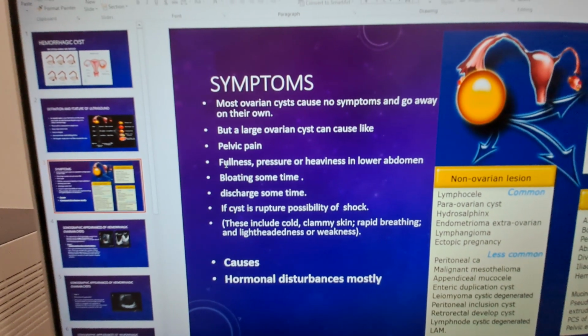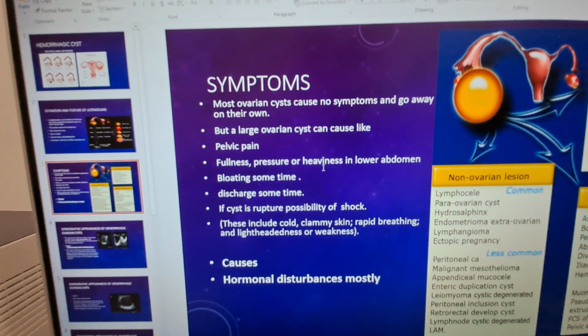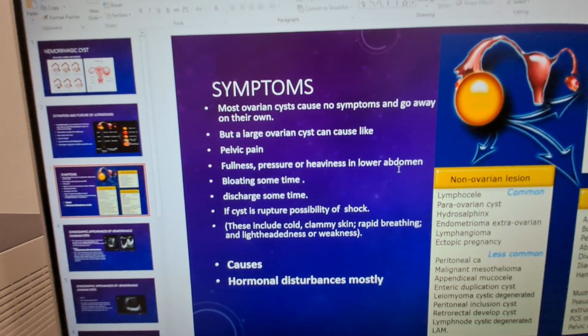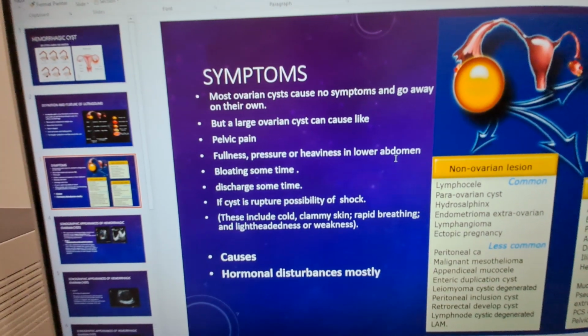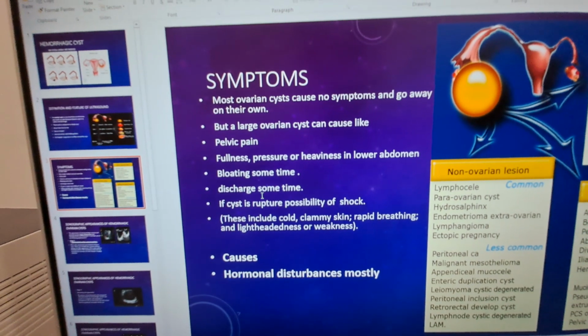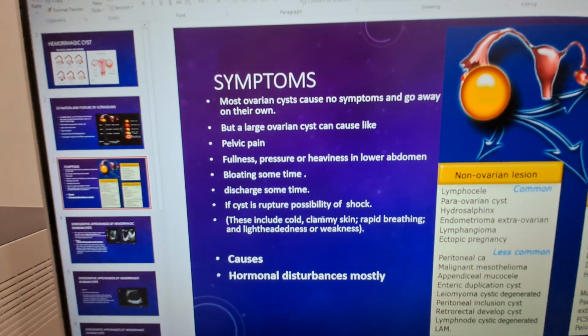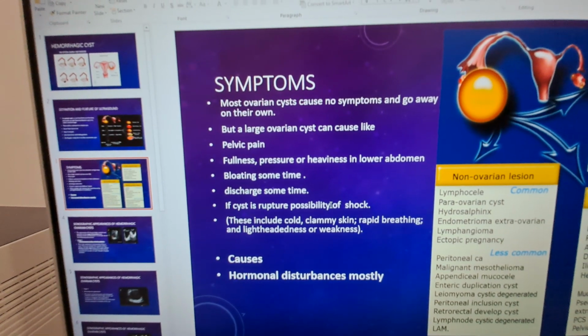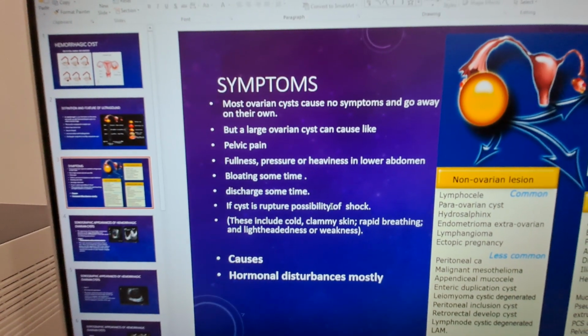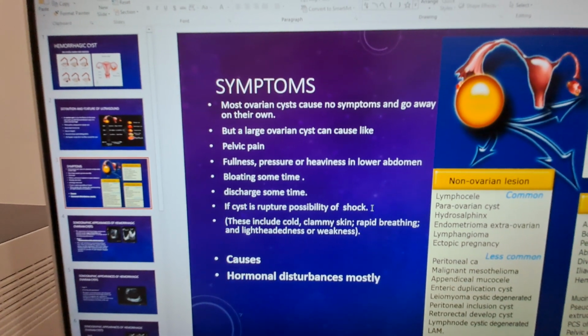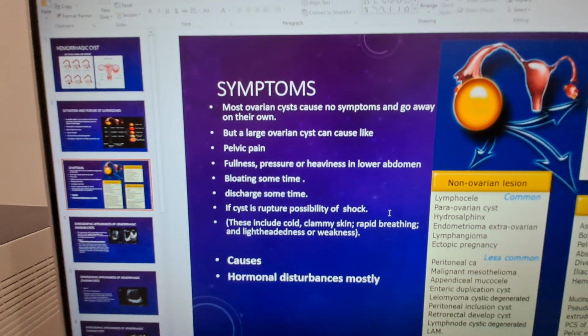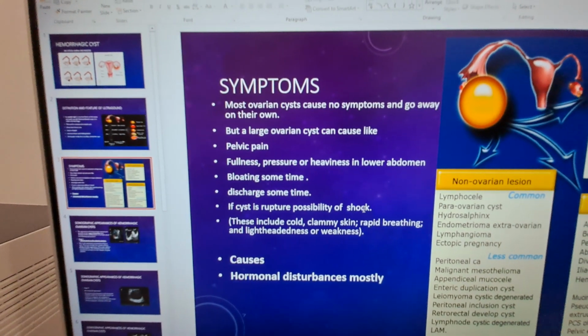The patient feels fullness, pressure and heaviness in the lower abdomen, and there is some bloating in the abdomen, sometimes vaginal discharge. If the cyst is ruptured, this is a very complicated part of the hemorrhagic cyst. If a large cyst ruptures, the patient may go into shock.